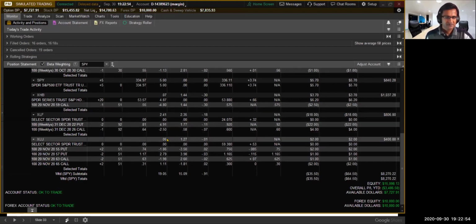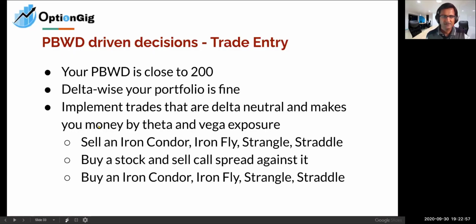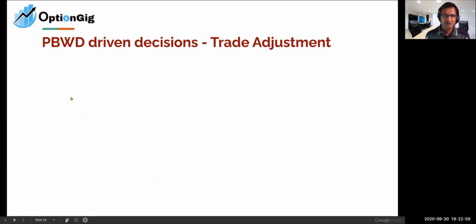Okay, let's jump right back. So based on your PBWD, your comfort at what level of PBWD you want, and what's your current PBWD, you make decisions when you're trying to enter a new trade. Just make sure you go through all the other trade entry checklist.